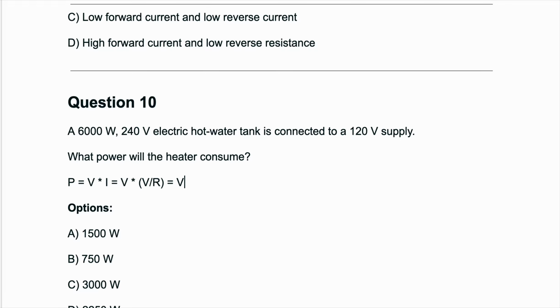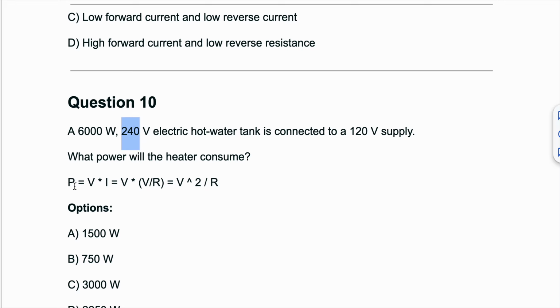So we can write it as V to the power of 2 divided by R. Here the voltage is divided by 2. So this voltage divided by 2, because we have the power of 2, would be 1 divided by 4.